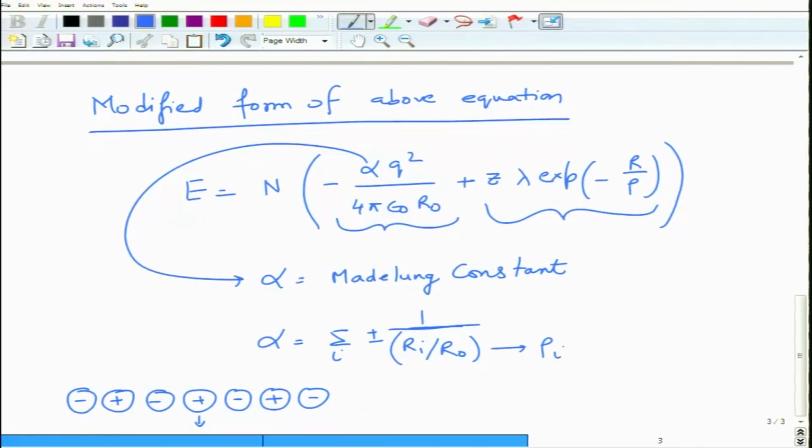Then the first neighbor interaction, second neighbor interaction, third neighbor interaction, and so on and so forth. So calculate this alpha value for each ion i, and the sign will depend on the sign of the charge of ion i itself. So if it's positive, the value will be positive. If it's negative, the value will be negative.